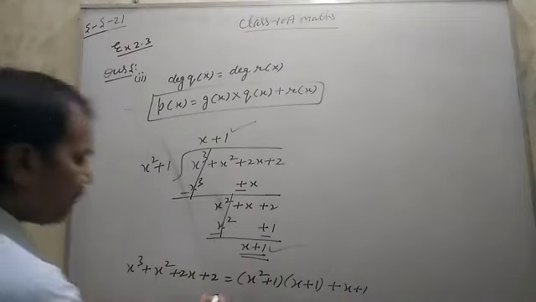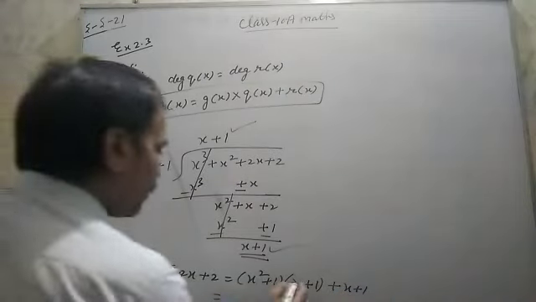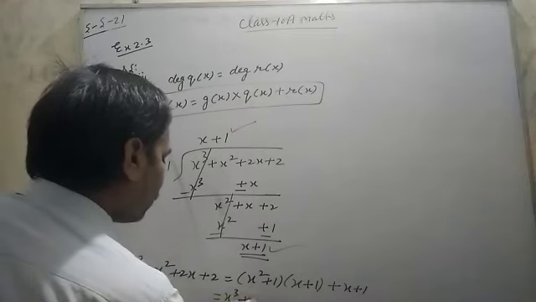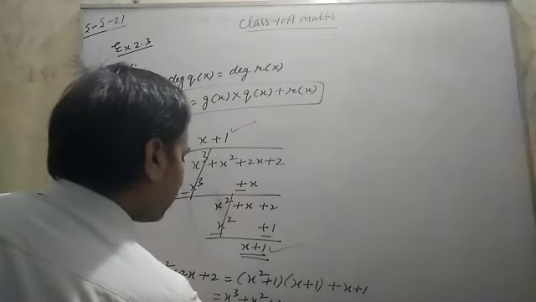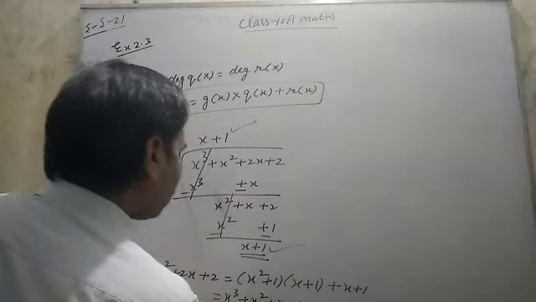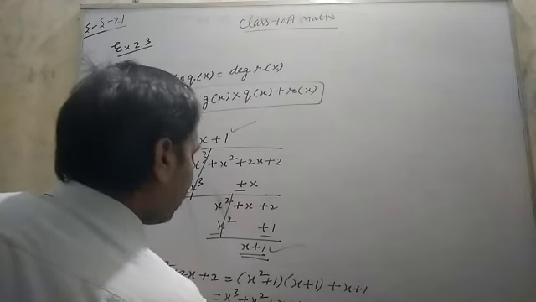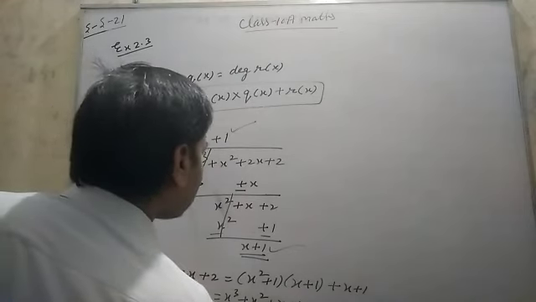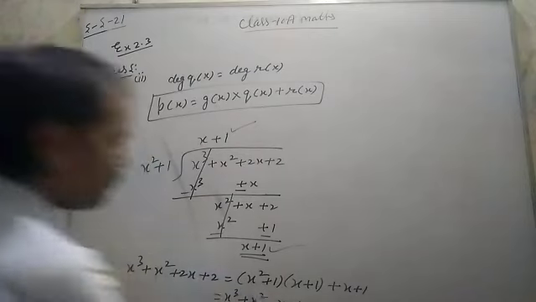Also you can verify. Multiply the RHS: x cube plus x square plus x plus 1 plus 1, so x cube, x square, x plus x is 2x, 1 plus 1, also verify.